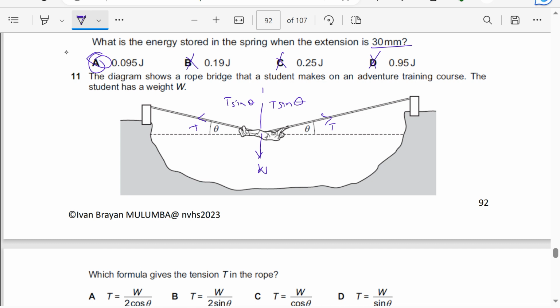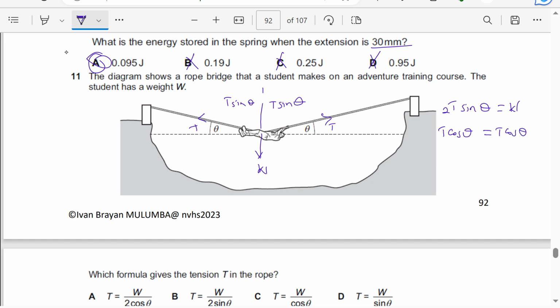which formula gives the tension in the rope. So these two should add up to give us W. So we have that twice T sine theta should equal the weight. If we resolve horizontally, we have that T cos theta is equal to T cos theta.